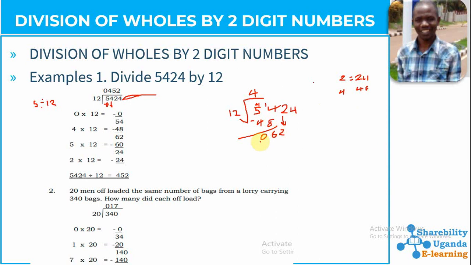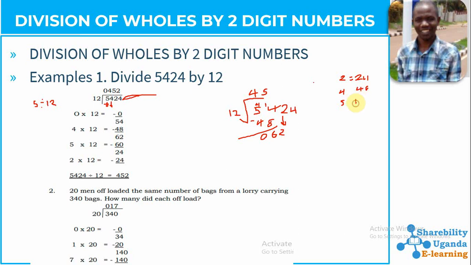So this simply means it is 62 divided by that. If we say 62 divided by 12, they take 5, remainder something. So we say 5 times 12.